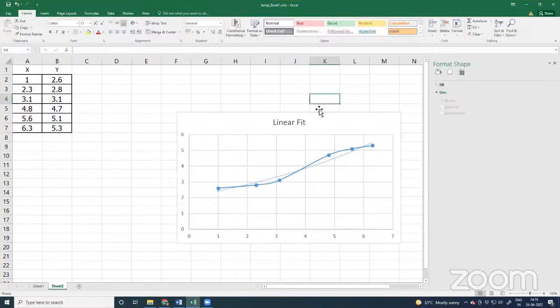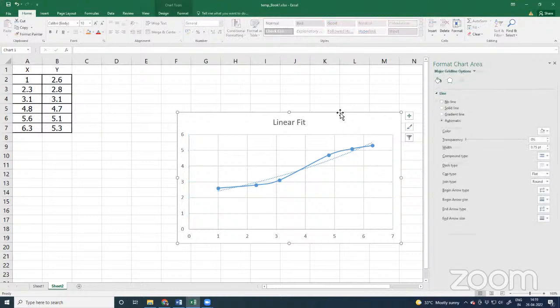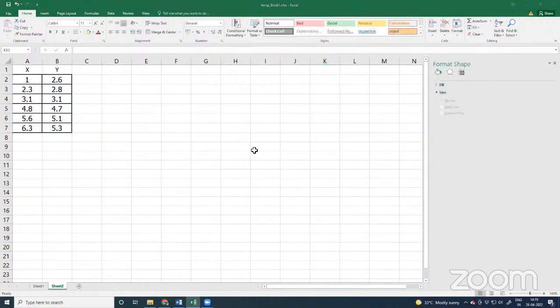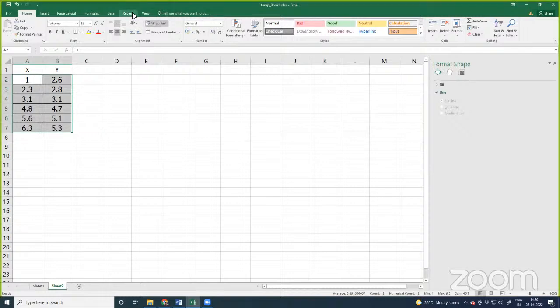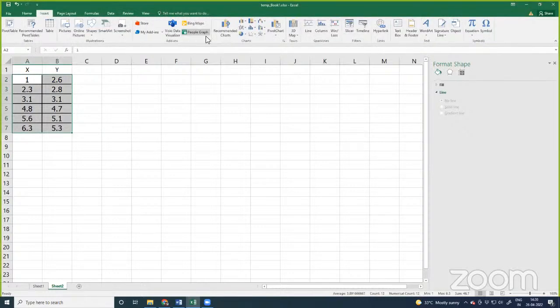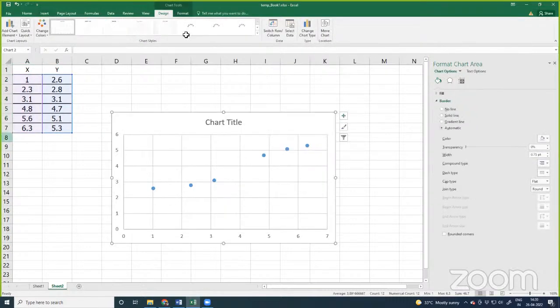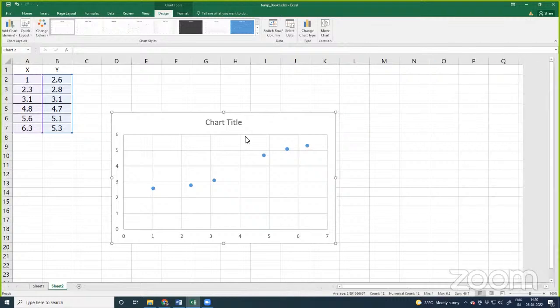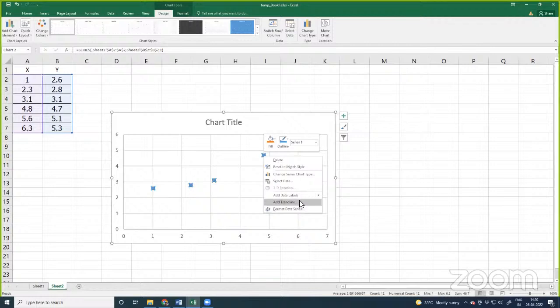One second. Choose this, go for insert, data, scatter. Okay, here come for the plottings, right click, add a trend line.